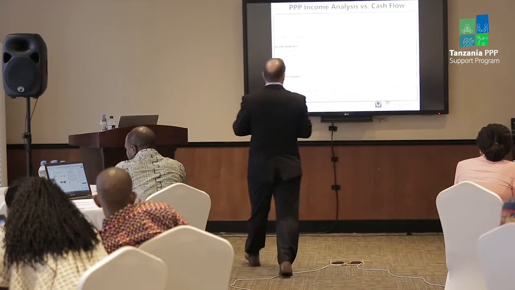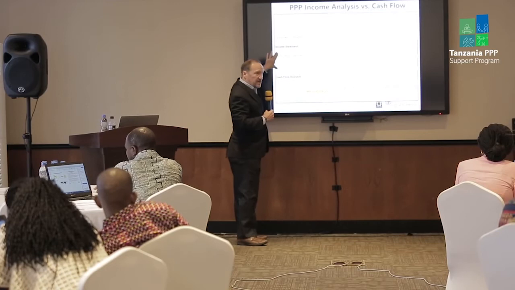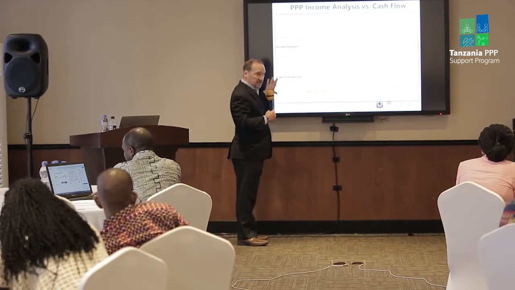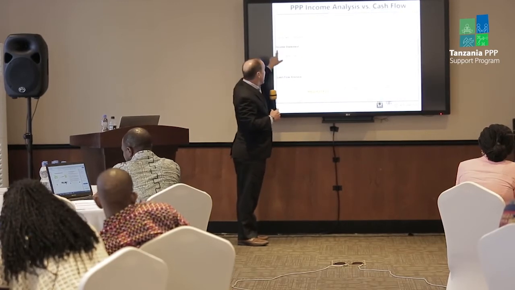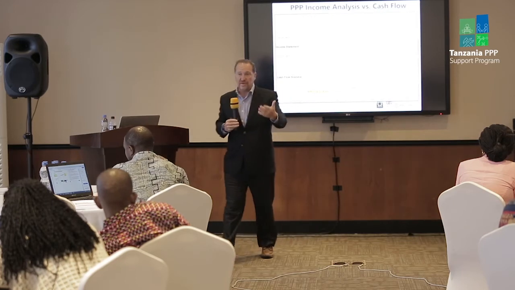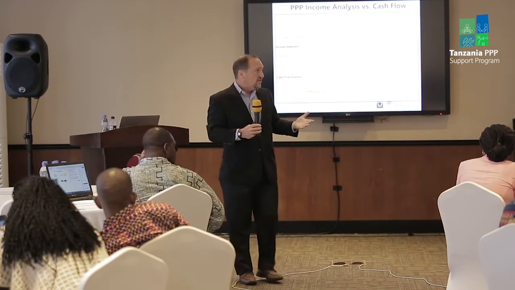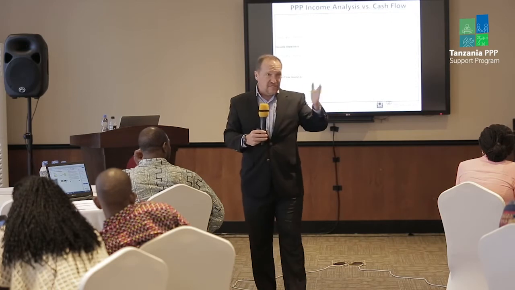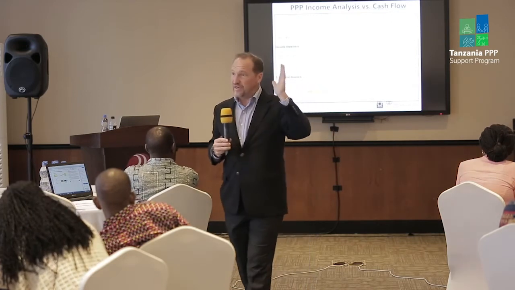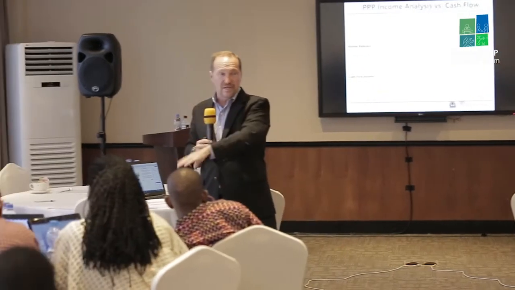Similarly, you'll have a profit and loss statement. You'll also have a cash flow statement. For some projects that have many different classes of users, you might have concessions with different classes of users that are industrial, commercial, household, lifeline tariffs.